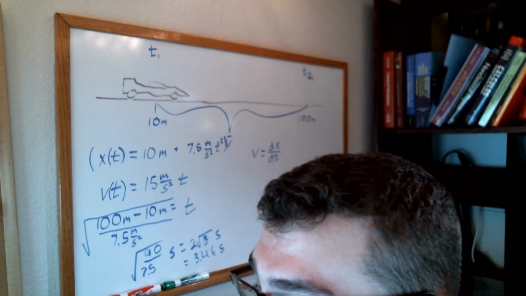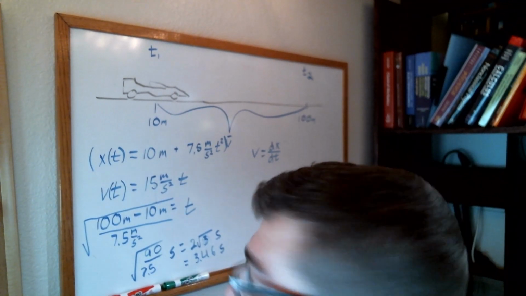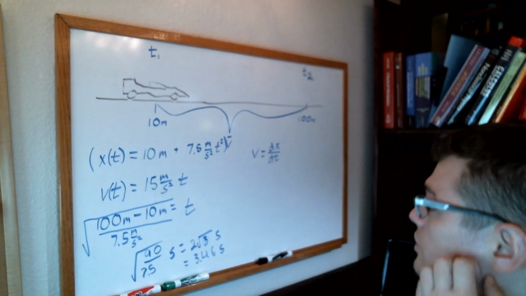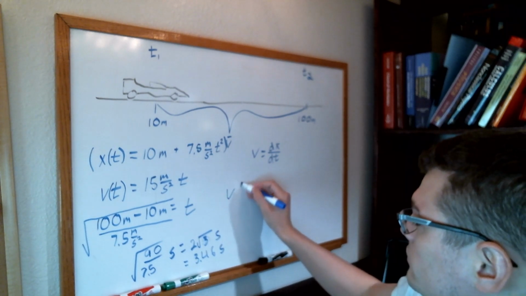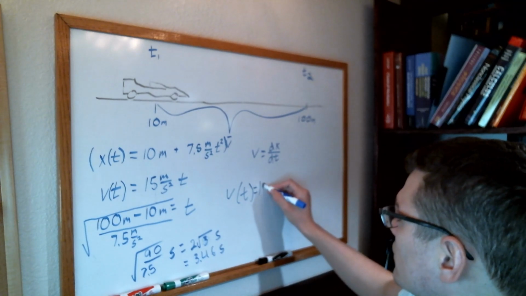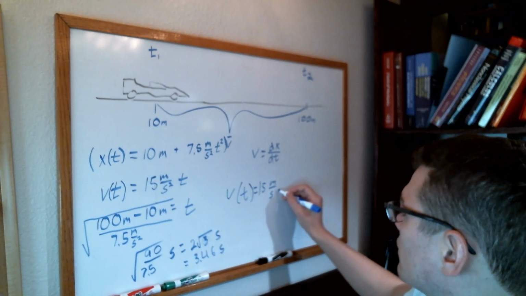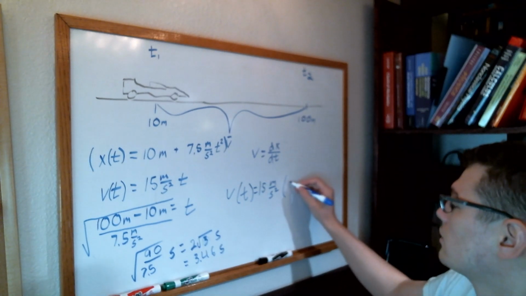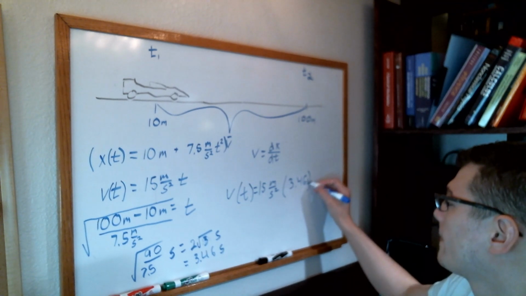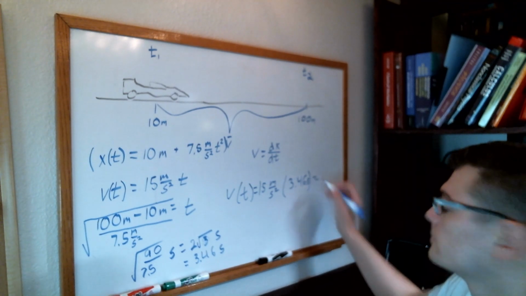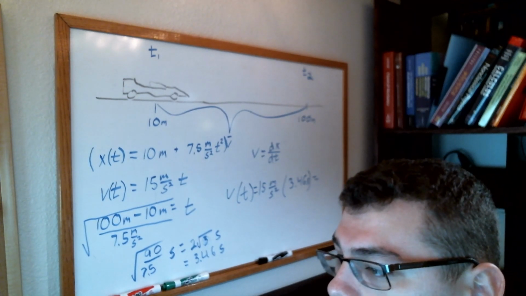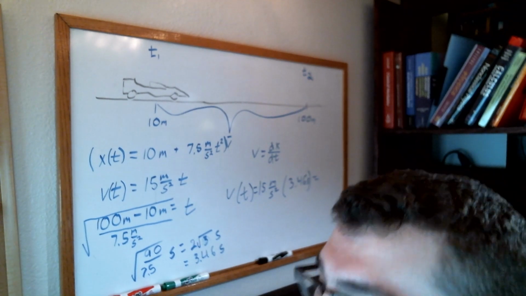So then we can plug this number into our velocity function here, and we will get our instantaneous velocity at 100 meters. Let's write that out, and let me chop off all the other numbers.